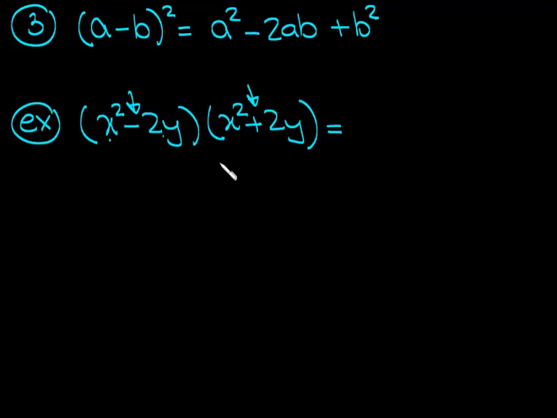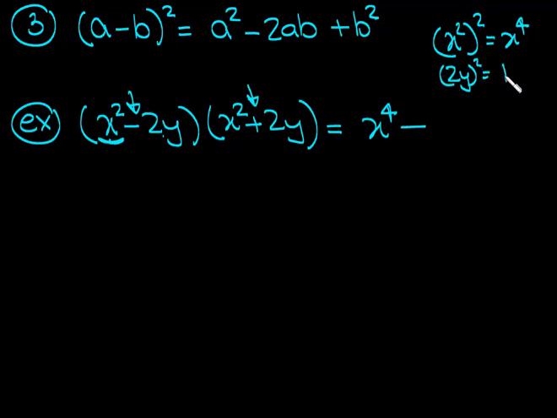So to find the product of this, all I have to do is square the first. So what is x squared squared? It will be x to the 4th. So we get x to the 4th. Put a minus in the middle and square the second. What is 2y squared? So you get 4. 2 squared is 4 and y squared is just y squared.